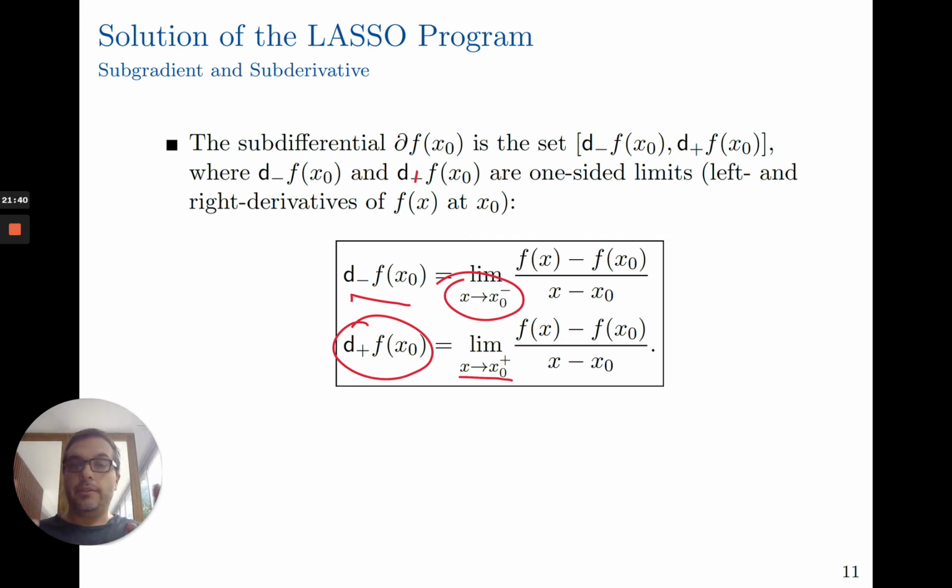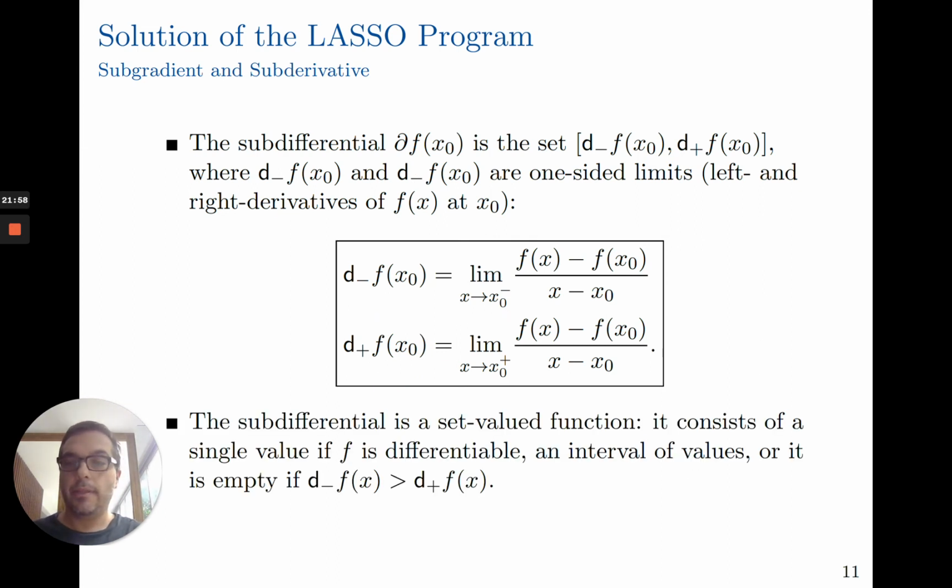And the subdifferential at the point where the usual derivative is not defined will be a set that will be defined by these limits, D minus and D plus. Okay? So the subdifferential is a set valued function.